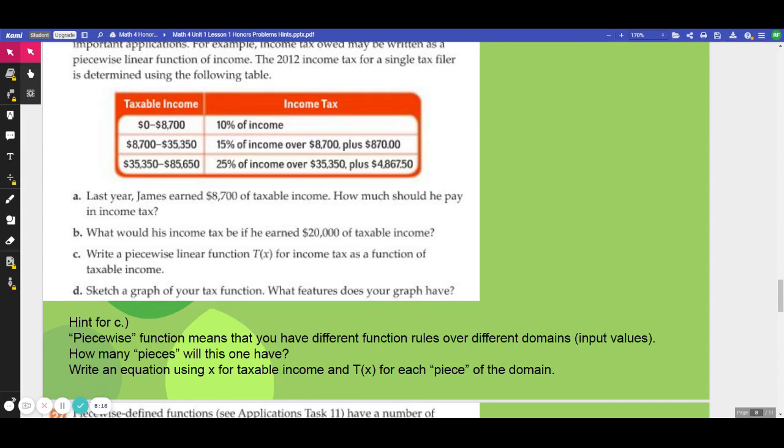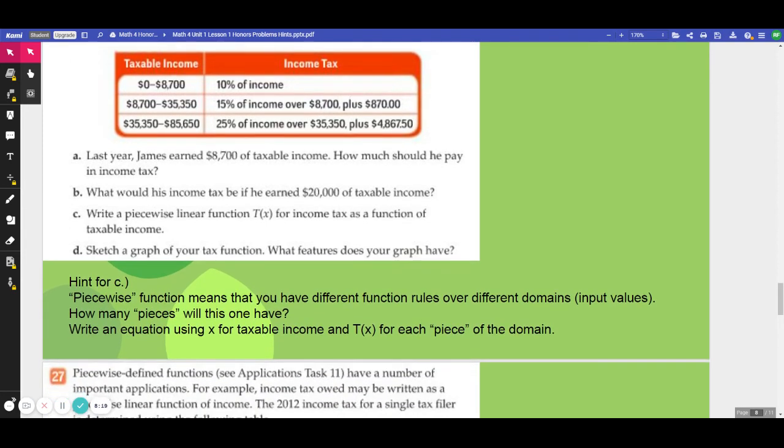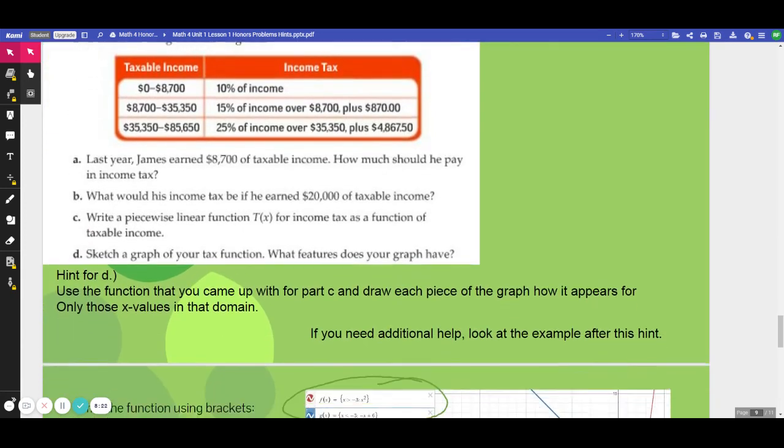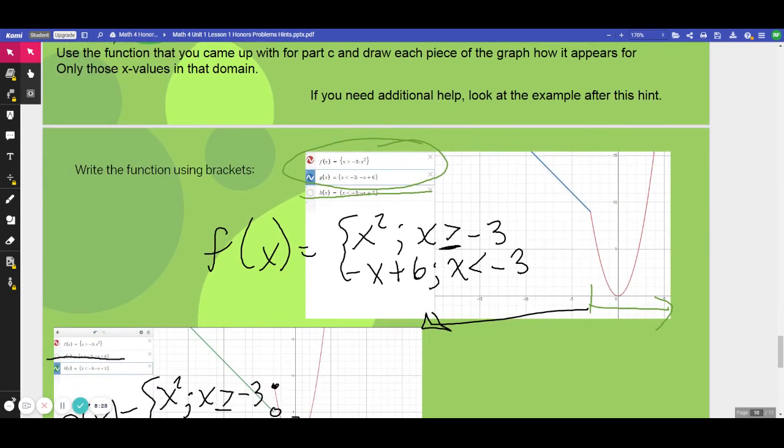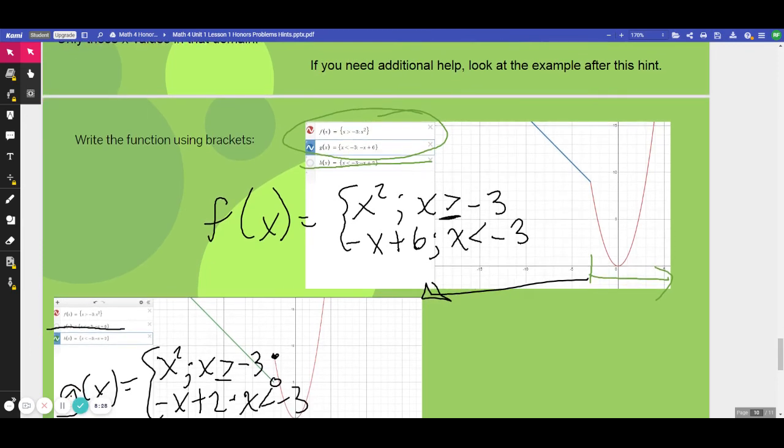I have an example here because you might not have seen piecewise functions and the symbols we use to represent them. The first example shows an x squared function, but the x squared function is only used when x is greater than or equal to -3. So here's -3 right here. If I go greater than that, I have this lovely quadratic function, this lovely parabola right here.